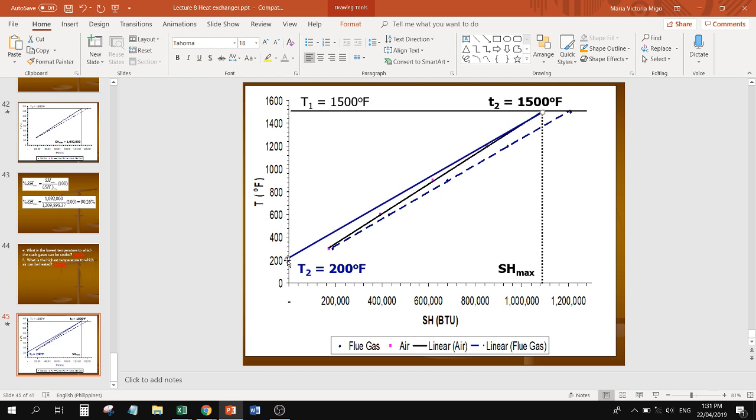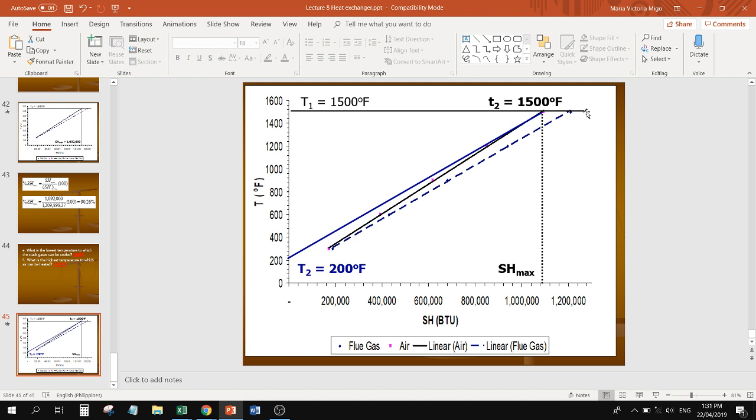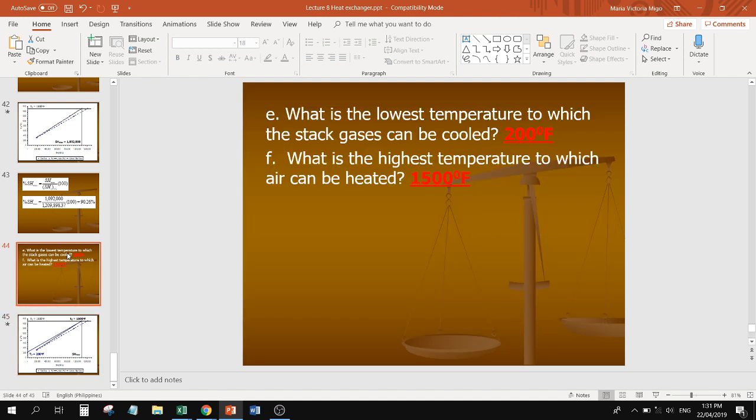And the next question would be, what is the highest temperature to which the air can be heated? It's actually 1500 degrees Fahrenheit. So now you can see the difference with parallel flow heat exchanger.